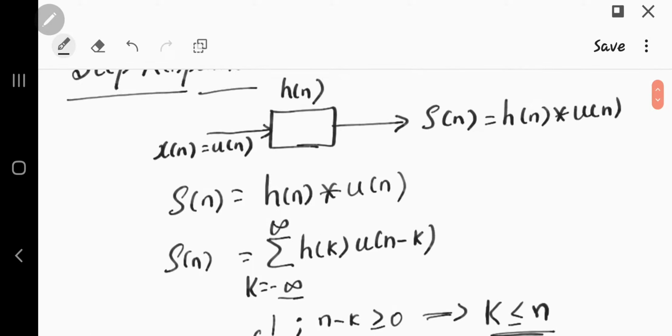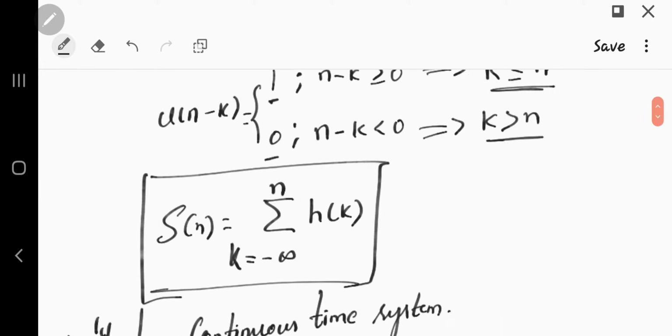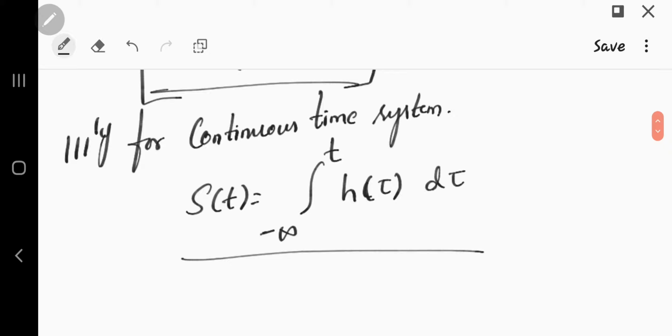You have to remember that for a step response, the input should be the unit step function. Even while expressing the impulse response, usually this u of n will always be included with it.